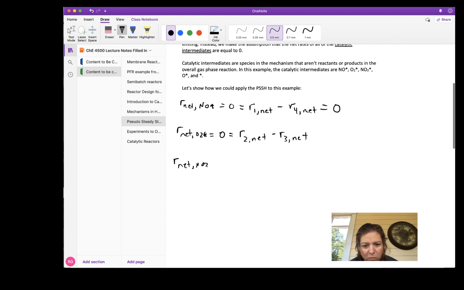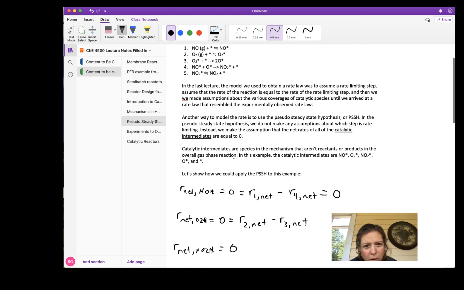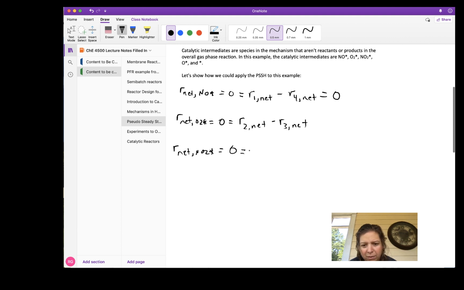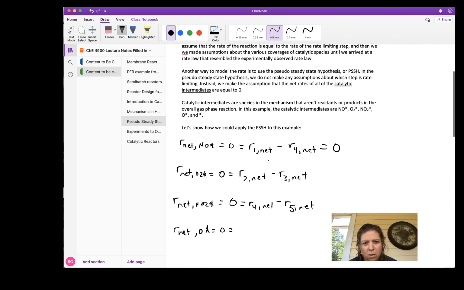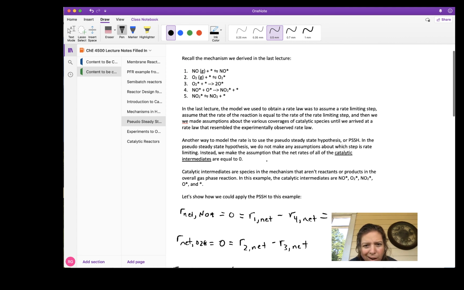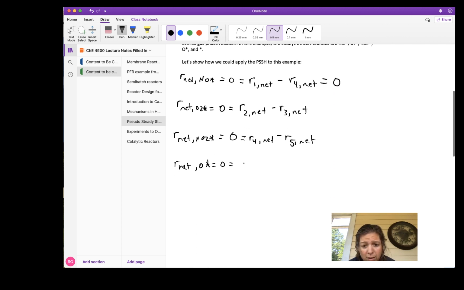For NO2 star, it is going to be R4 net minus R5 net. And for O star, it is going to be equal to 2 times R3 net minus R4 net.